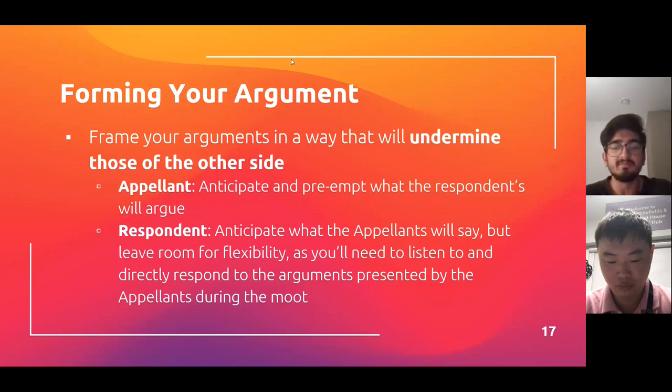So make sure to pay attention and listen to any arguments which you think are significant, which the appellants make.